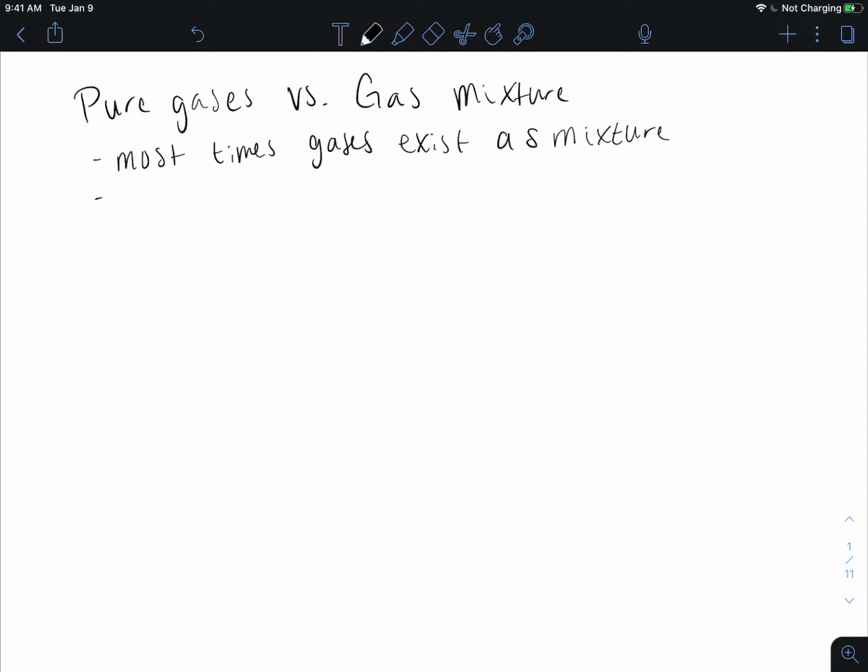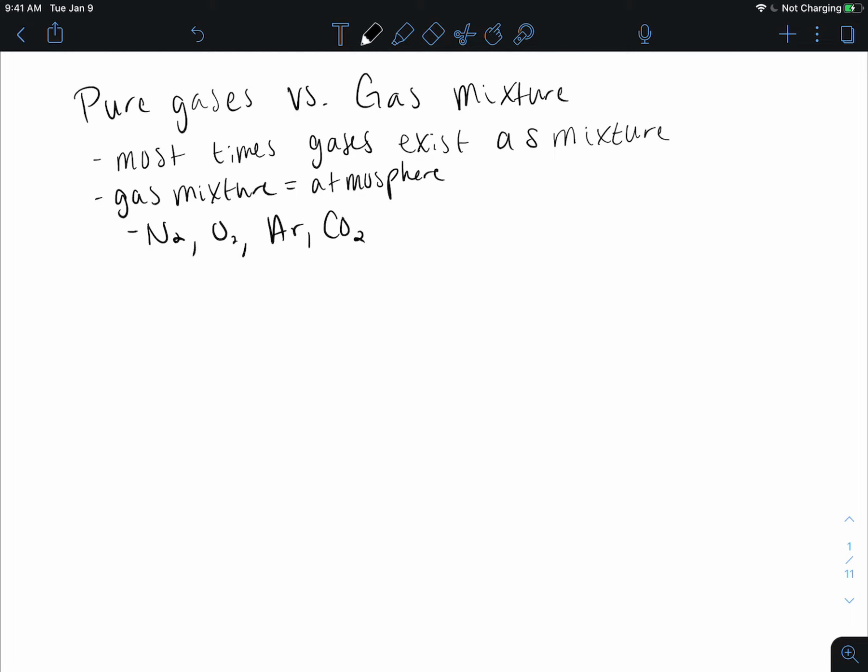The gas that we breathe in the air is a gas mixture, so our atmosphere. It includes nitrogen and oxygen, argon, carbon dioxide, and then a whole host of other types of gases that make up our atmosphere.